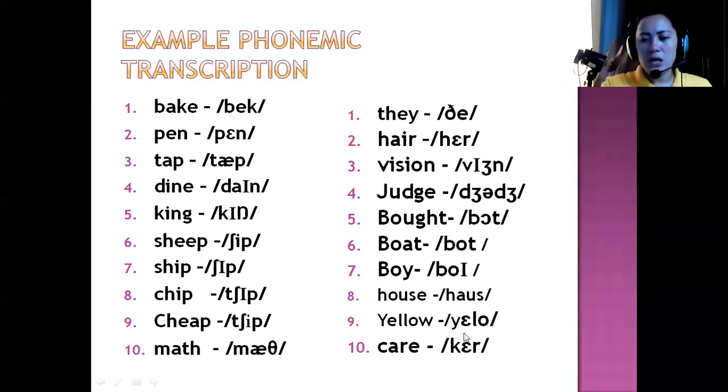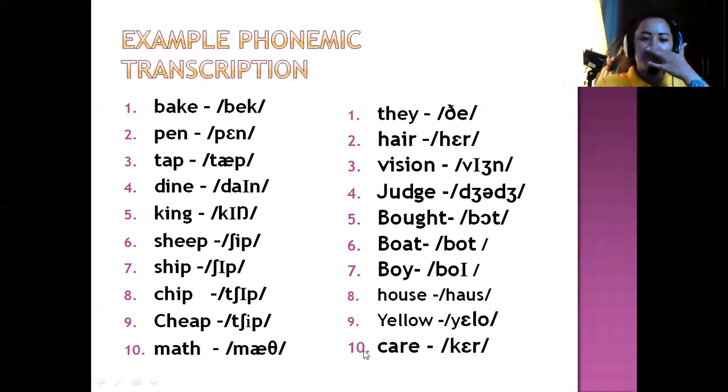Take note, some transcriptions would use the J instead of Y. That's other versions. Next, we have the cur. Never use letter C as a symbol because there is no C symbol in the phonemic alphabet.